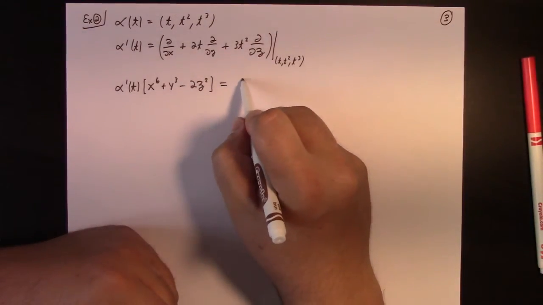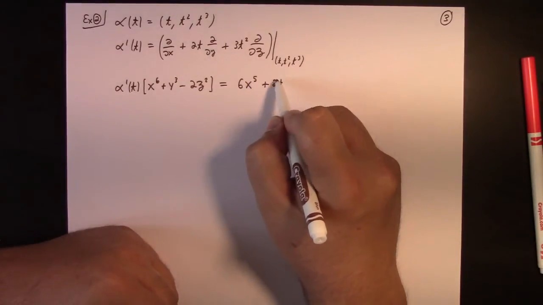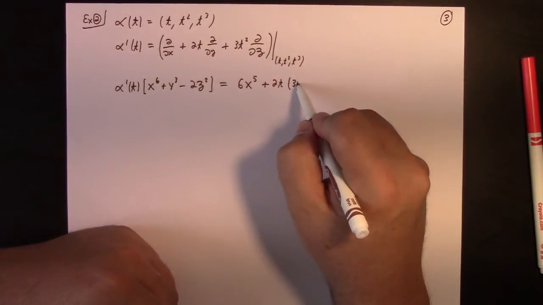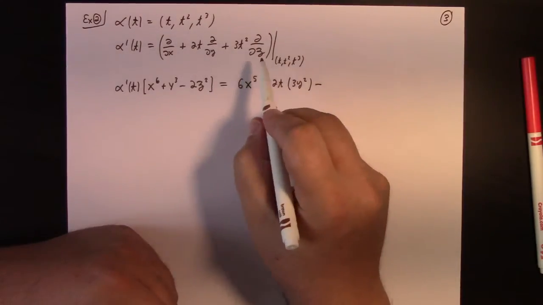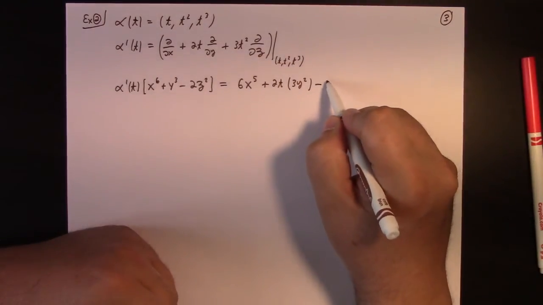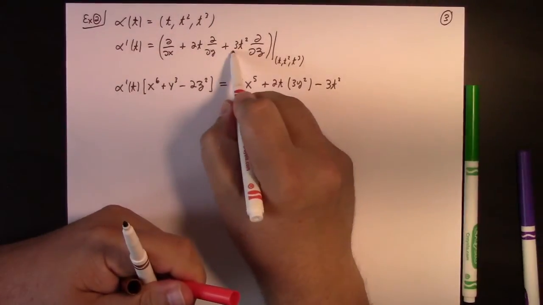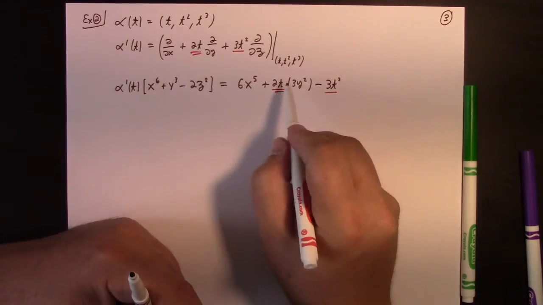That's going to go 6x to the fifth plus 2t. Derivative of this with respect to y gives me a 3y squared, and then minus a 3t squared. Just to be clear, this term is that term. This term is that term.